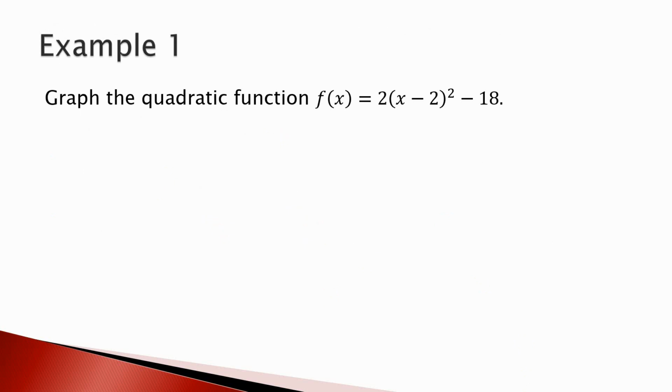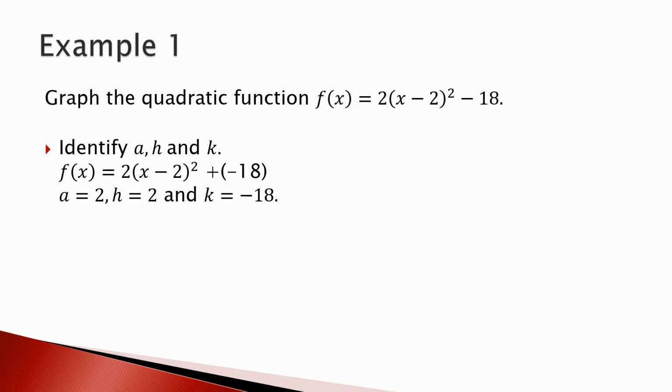Example 1: graph the quadratic function f of x equals 2 times (x minus 2) squared minus 18. How are we going to sketch the graph of this function? Identify a, h and k. a is 2, h is 2, and k is negative 18.